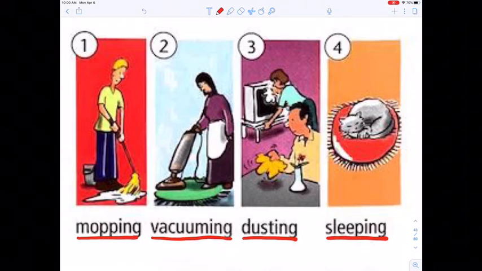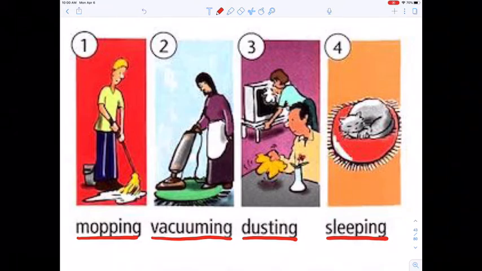Number 3. What are the 2 people doing in number 3? Dusting. What is dusting? Look, they are taking off the dust or dirt from the table and from the TV.